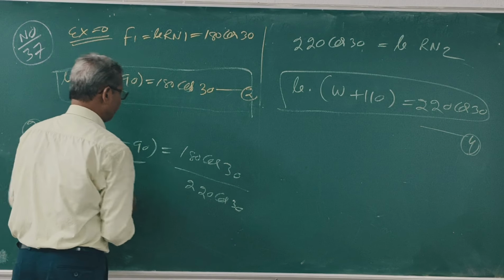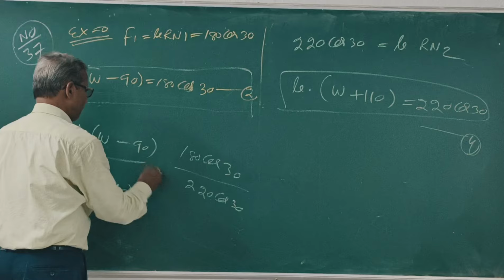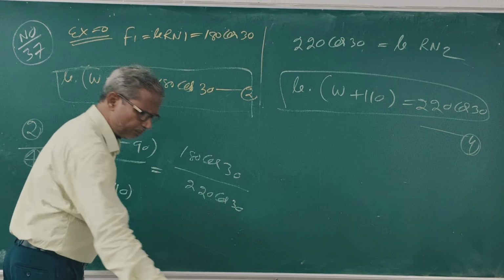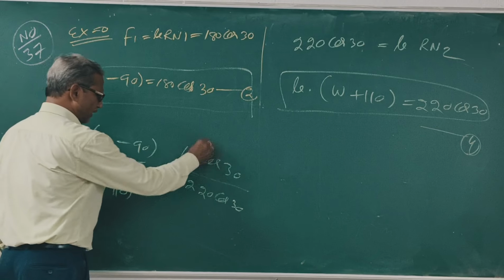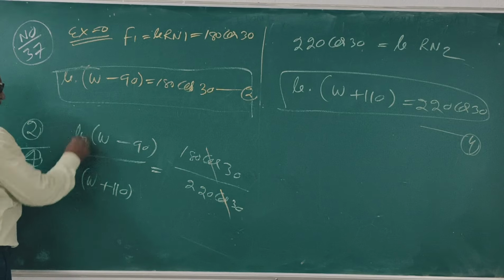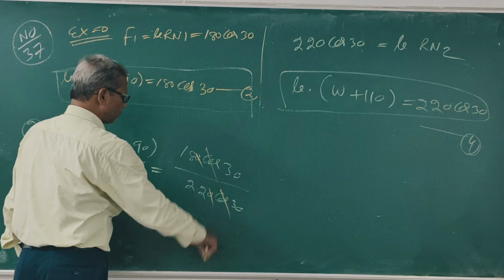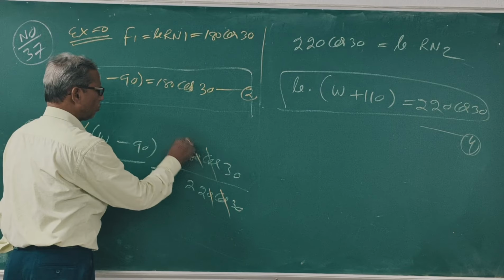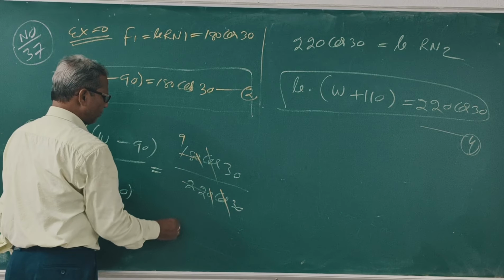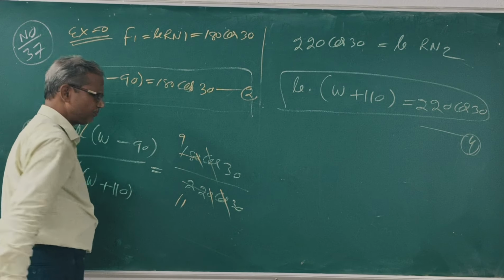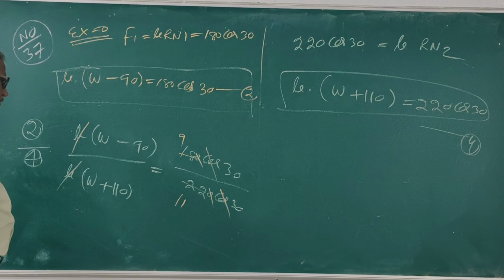Clear? Now, cos 30 cancels, mu cancels. Clear? The zeros cancel each other. 9 by 11. Clear? What is the final answer?